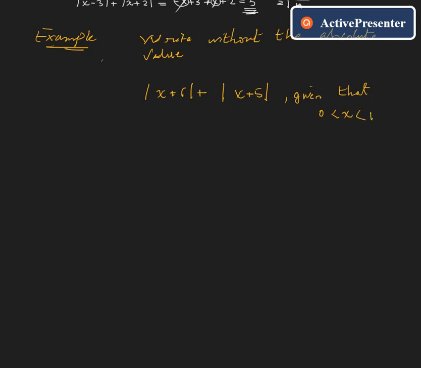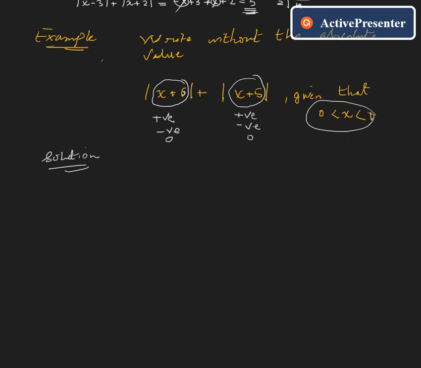The solution: again, we are interested in whether this number, x plus 6, is positive or negative or 0 in this interval. The same for x plus 5.